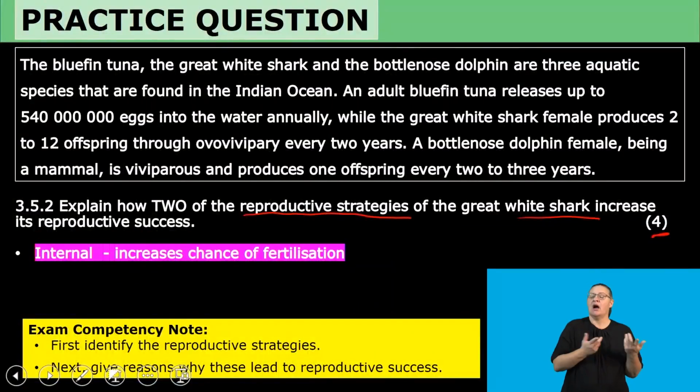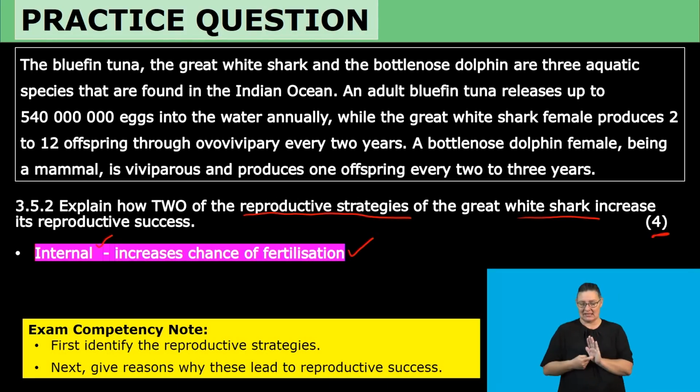Firstly, we can see that the reproduction that takes place, the fertilization, is internal. So it's internal fertilization, and the advantage of internal fertilization is that it increases the chance for fertilization. Then we have got our 2 marks. We have identified, and we also gave a reason.